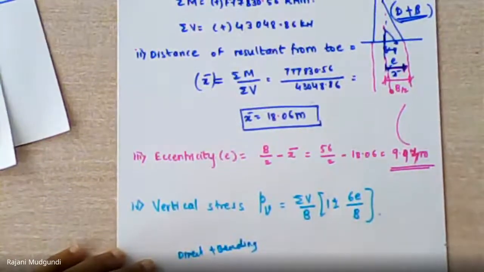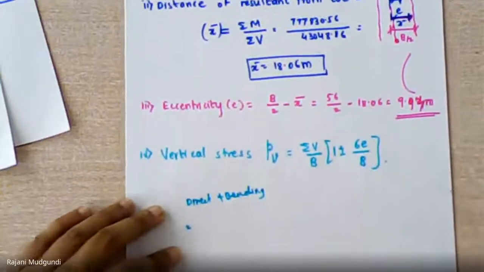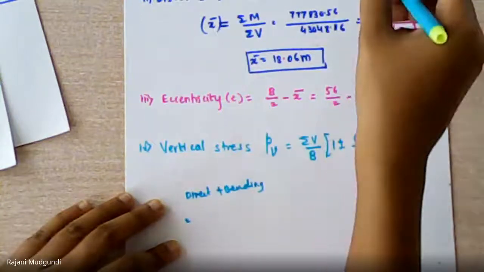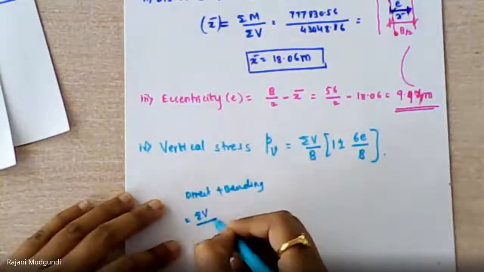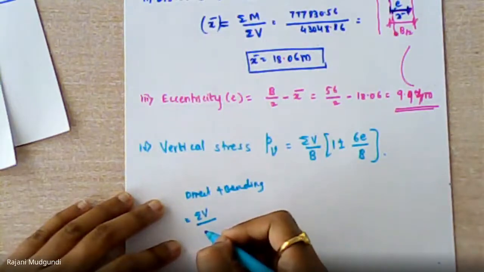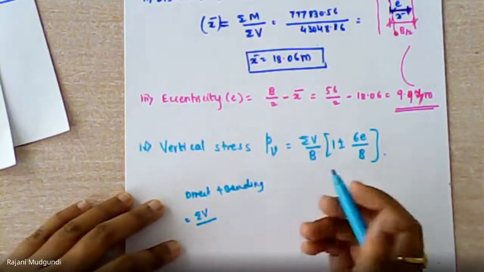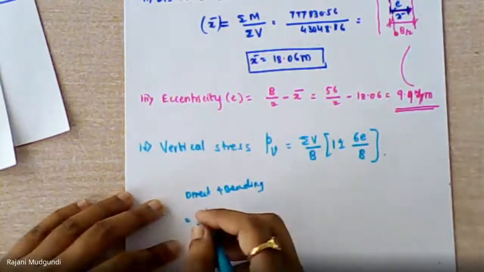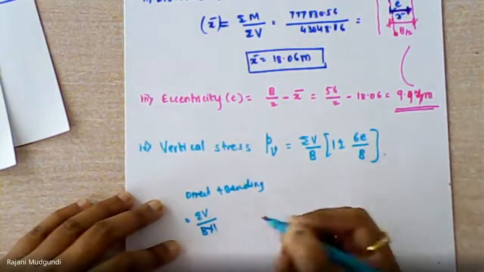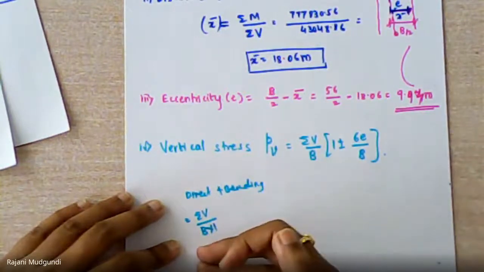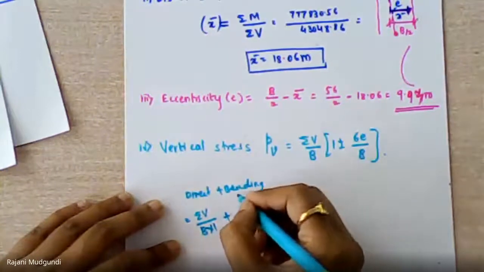direct stress will be direct force by area. Direct stress, which will be acting at the center, will be summation V, or vertical force, divided by the exposed area, which is the base taking that force. So B into 1, the plan area, since lengthwise 1 meter is considered, plus the bending stress.